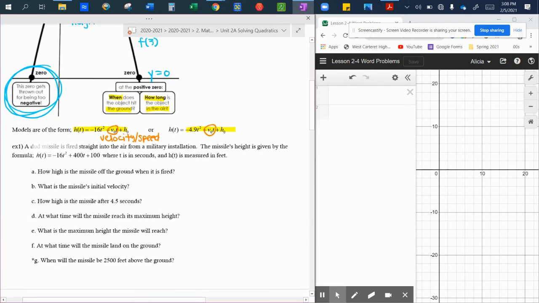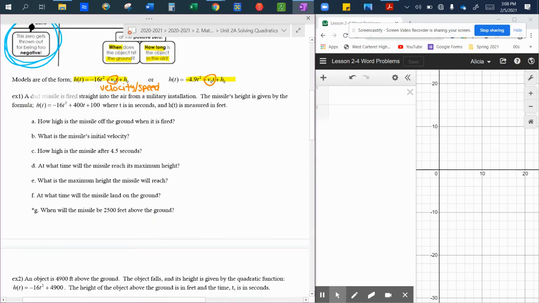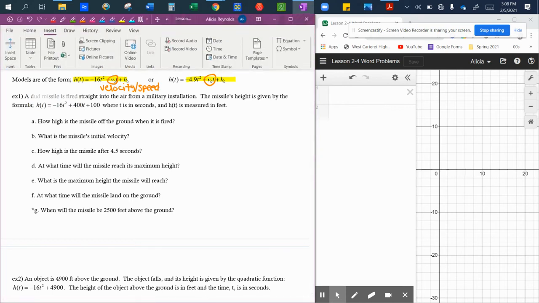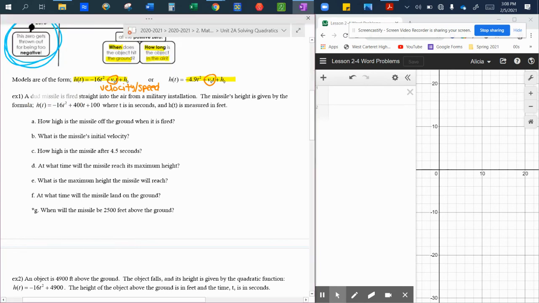So for example 1, a missile is fired straight into the air from a military installation. The missile's height is given by the formula h of t equals negative 16t squared plus 400t plus 100. Another thing we need to notice is that I'm either going to be given negative 16, so that's when we're measuring in feet, or I'll be given negative 4.9, that's when we'll be measuring in meters.